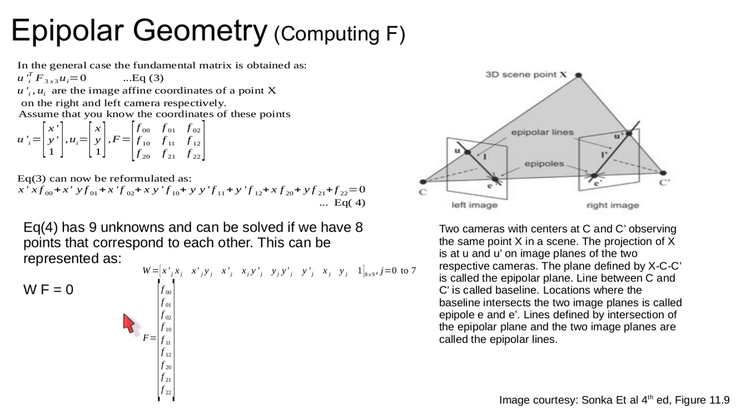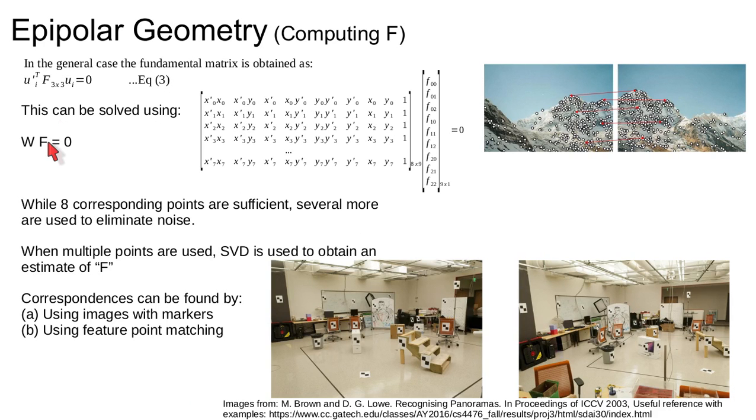This can be represented in the following way: wf equal to 0, where w is a representation of those 8 points and f is this matrix which has been represented as a vector. We can further express wf in the following manner: it's a multiplication of an 8 by 9 matrix with a 9 by 1 vector, and this equates to 0.